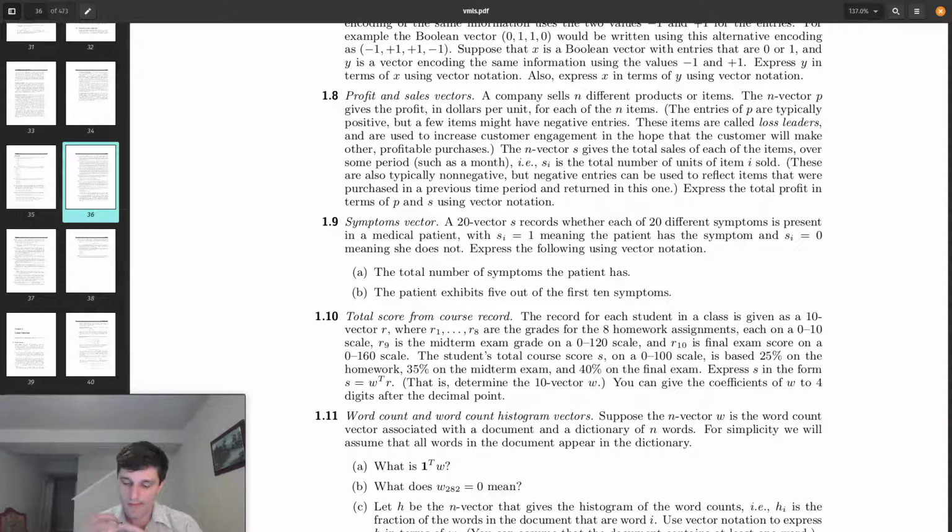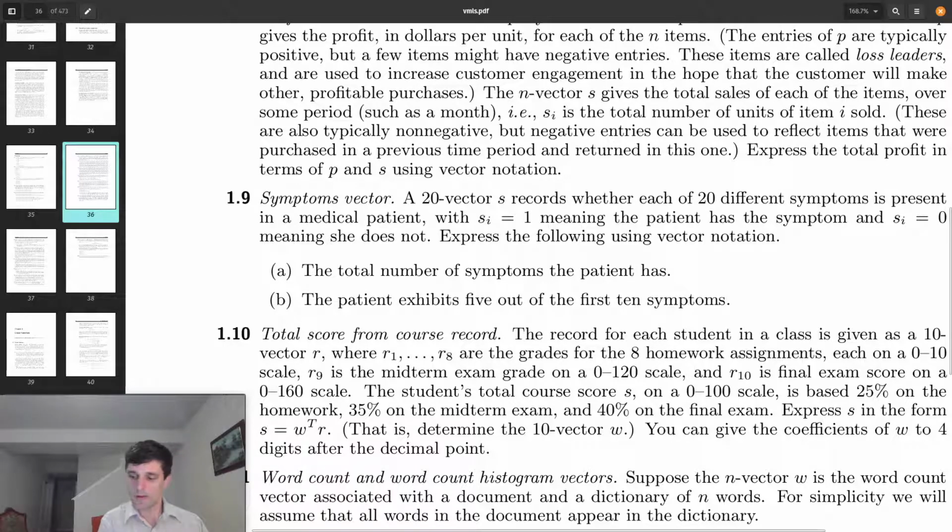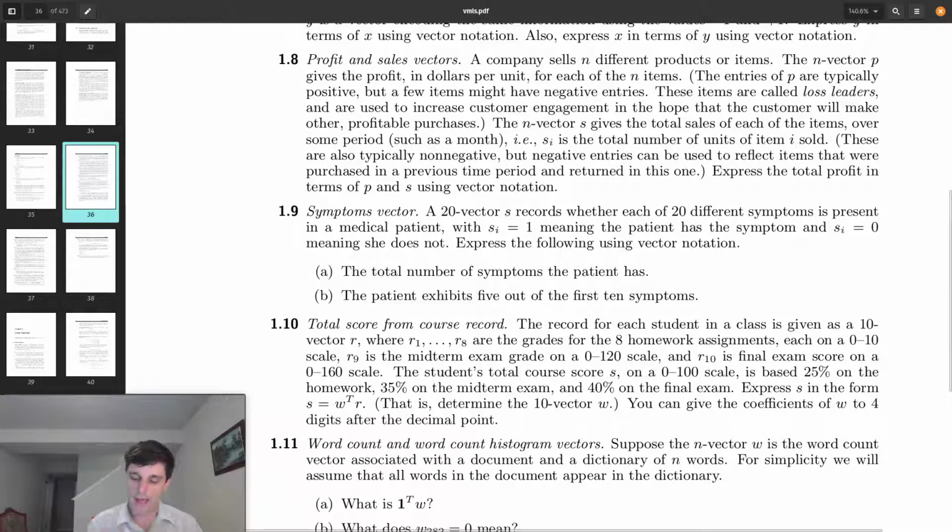A 20-vector S records whether each of 20 different symptoms is present in a medical patient, with S sub i equal to 1 meaning the patient has a symptom, and S sub i equals 0 meaning she does not. Express the following using vector notation. A, the total number of symptoms the patient has.